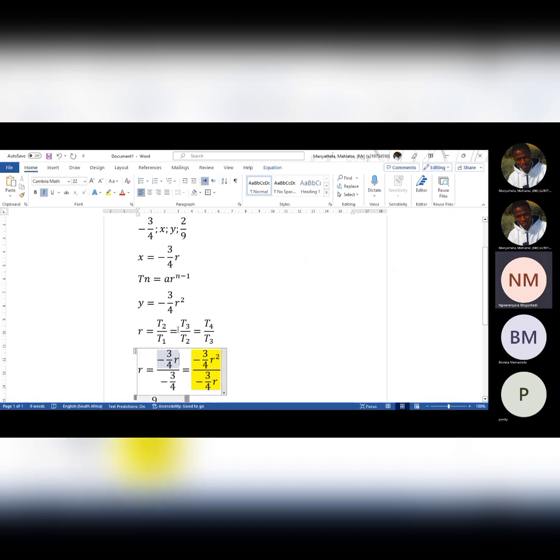So if we use 2 over 9, it can be number 1. Solve for r. So r is 2 over 9 again.